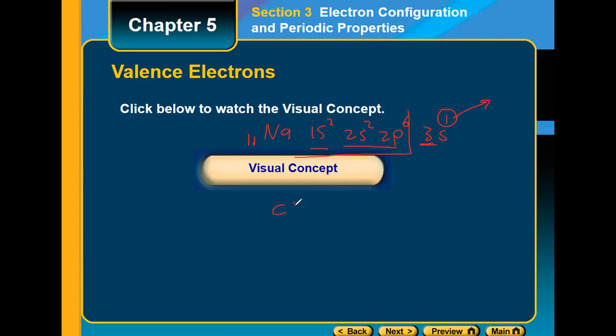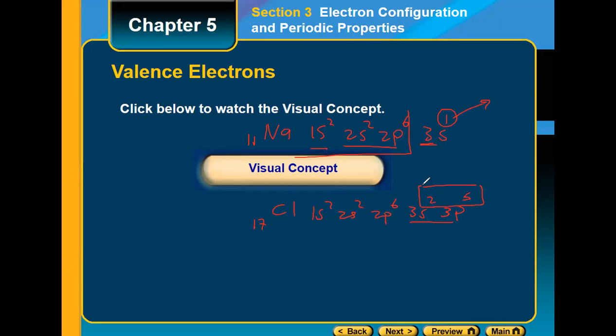Another example, chlorine 17, as we said before: 1s2, 2s2, 2p6, 3s2, 3p5. Here the outermost energy level is energy level 3, and how many electrons are found there? There are 7.